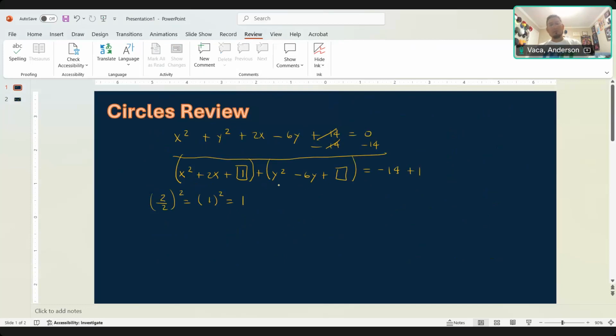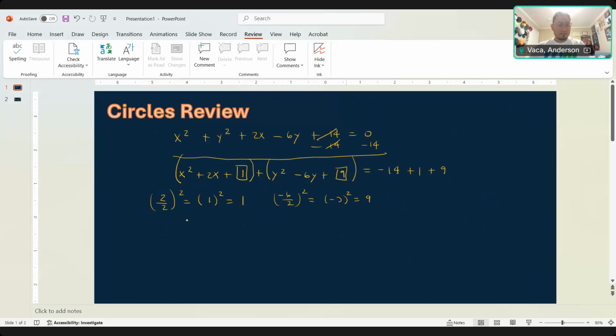What is the number that completes the y square? That will be negative 6 divided by 2 quantity squared. Negative 6 divided by 2 is negative 3 quantity squared, which is equal to 9. So the number that completes this square is 9. Don't forget to add 9 to the other side.